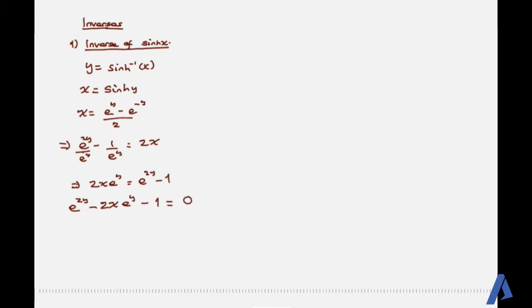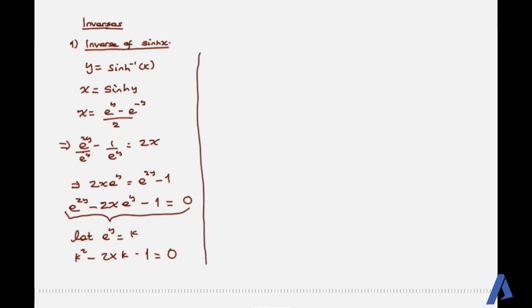So this is quadratic in terms of e the power of y. Or let e the power of y be k. Directly substituting, k square minus 2x k minus 1 is equal to 0. Then by solving for k we can solve for y.